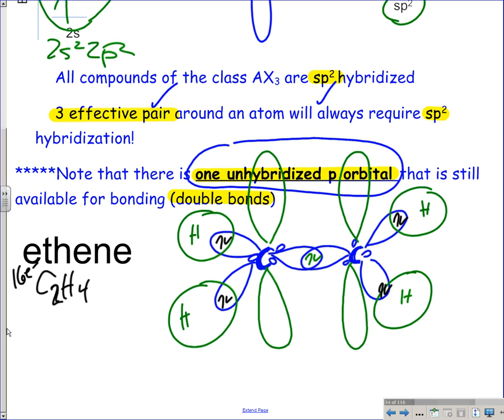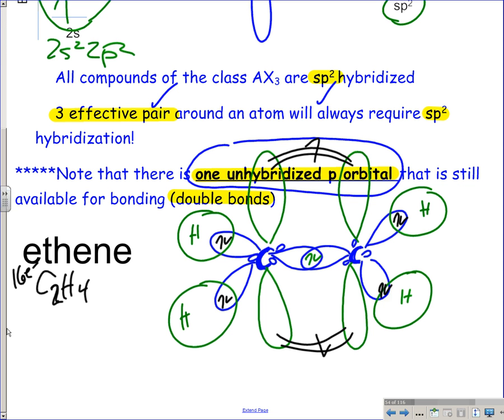We have to draw it overlapping. What happens is you just draw a little archway on the top p and on the bottom p. So each of these p orbitals on the left and the right are going to be sharing 1 set of electrons. So you draw 1 up top and 1 down low. So this is actually a double bond. Why is it a double bond though? Because how many electrons are in the center?